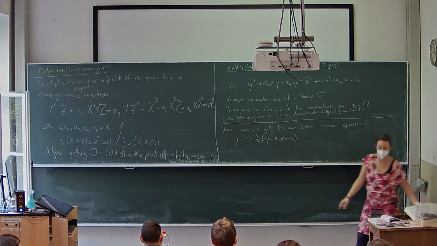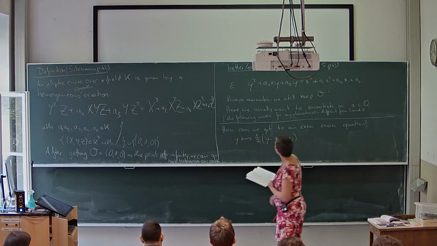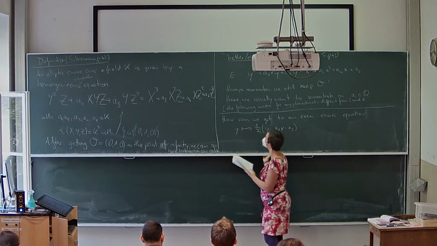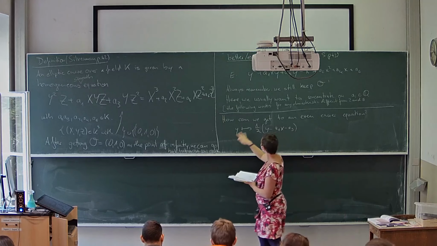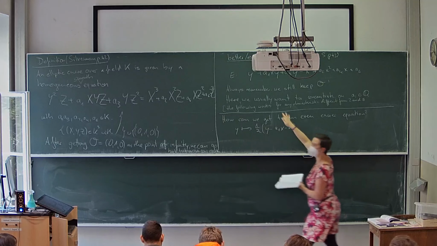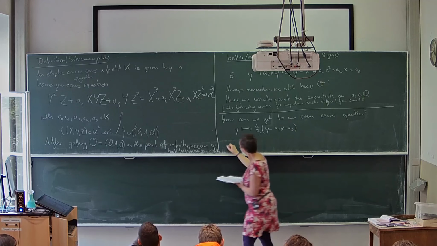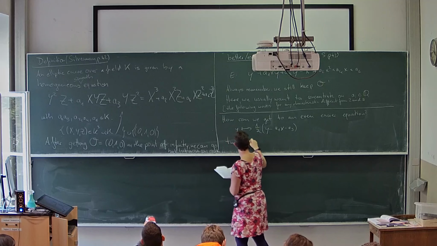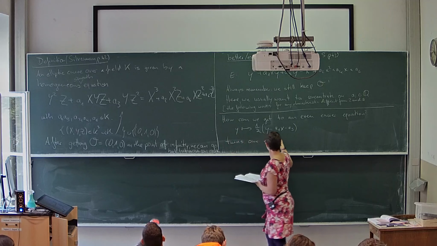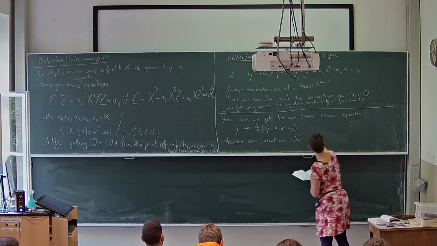So you see here we divide by 2. So if we were in characteristic 2, we couldn't do this. I don't know how detailed I want to go through with this, but I will just give you this, and if you want, you can plug it in and compute it yourself. Let me write it. This turns into the following form.